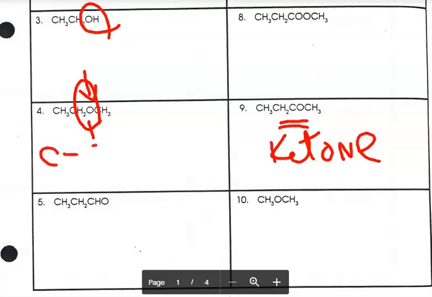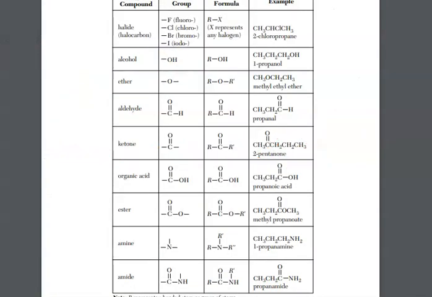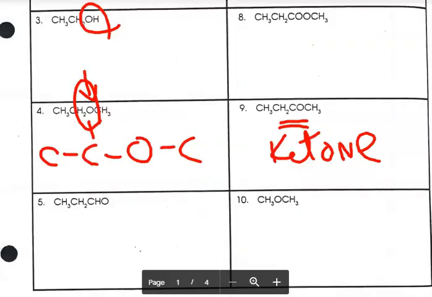So I have C, C, then an O, then a C. Remember, oxygen forms 2 bonds. Carbon is 4. If we take a look here at reference table R, our 1 oxygen molecules are here. Well, where do we have an oxygen in the link in the chain? That is an ether. The answer then for number 4 is that it's an ether.